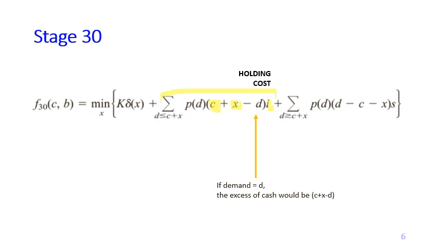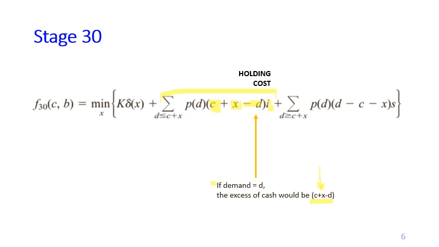And then minus the demand for the money to do the business on this day. So the remaining cash, or the excess cash, that we have at the end of the day would be C plus X minus D. Remember that X may be positive if you decide to withdraw money, and X may be negative if you deposit some money to the bank.